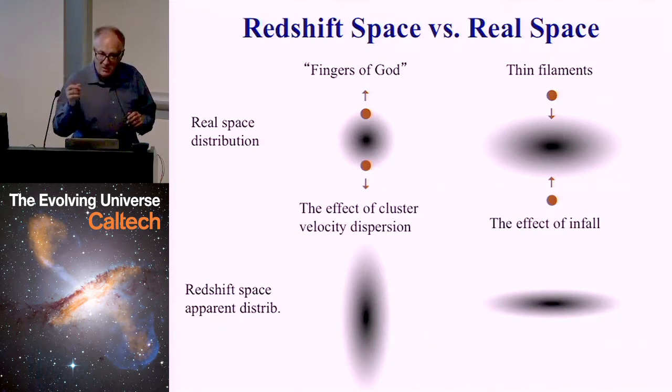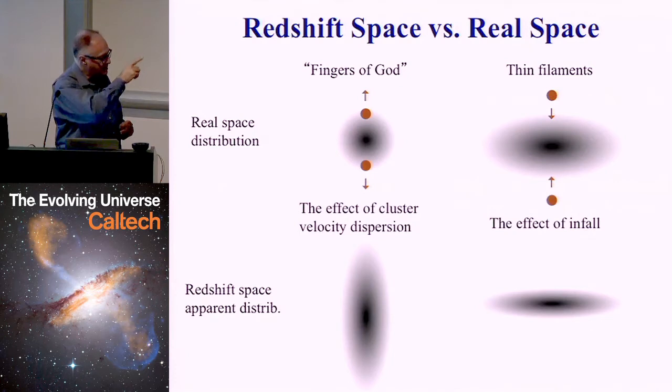You're not observing sideways motion. That's much too slow to see. But you can see the radial component. So that radial component adds to the overall cosmological expansion velocity. And so instead of seeing a round blob in redshift space, you see it highly elongated by the dispersion of galaxies along the line of sight.